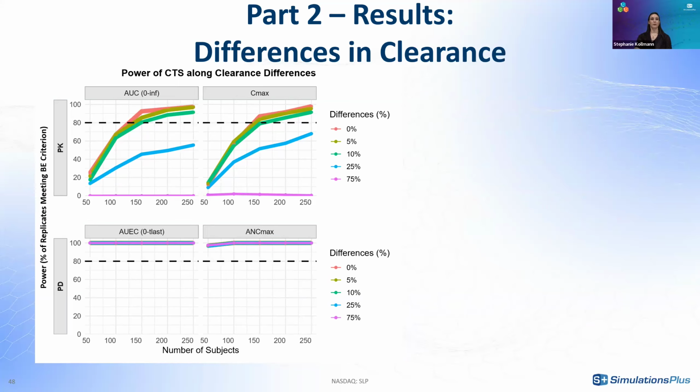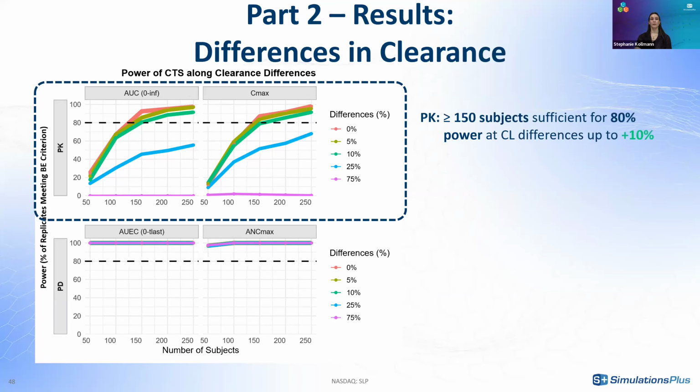Okay, so here we looked at the effect of clearance difference on power to demonstrate similarity. For PK exposure metrics, AUC and Cmax, we again see that around 150 subjects provide 80% power when the clearance difference is small, up to 10%, relative to the reference.